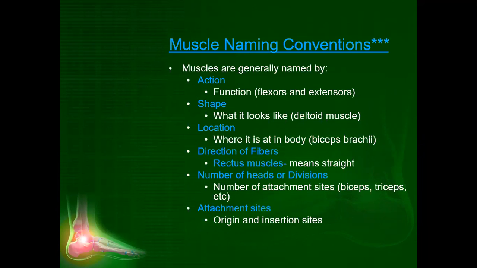It could be a shape. What does it look like? Is it diamond shaped? Is it square shaped? Is it a round muscle? Or is it a wide muscle? Like latissimus means wide, orbicularis means circular.